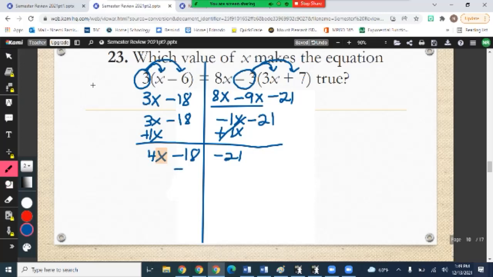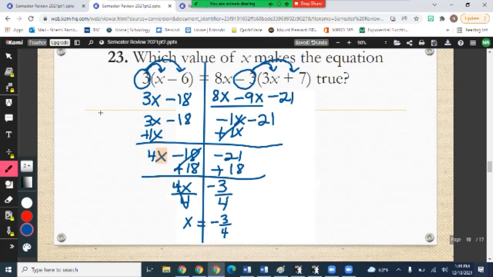So you're going to add 18. Now -21 plus 18 gives you -3. And the last step is to divide by 4. So you get x is equal to -3 over 4, which was C in the answer choices.